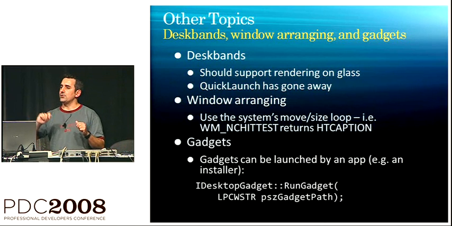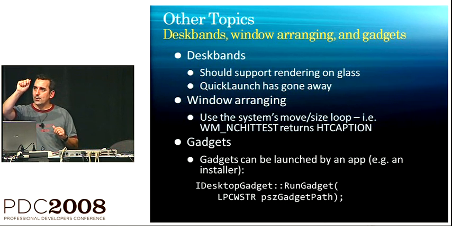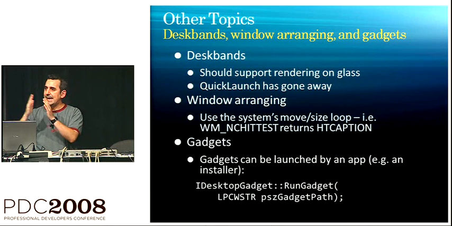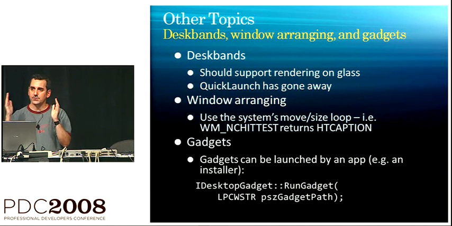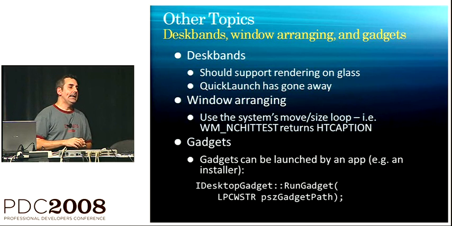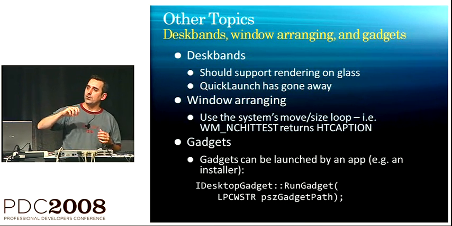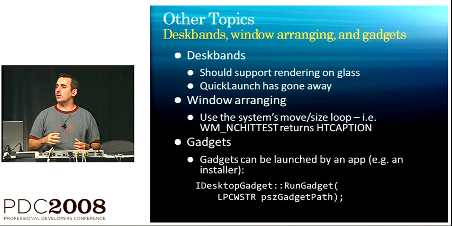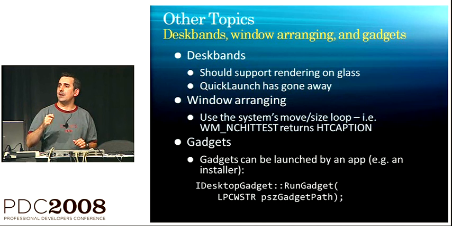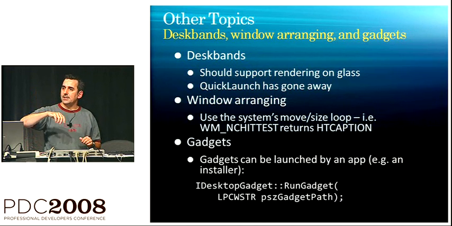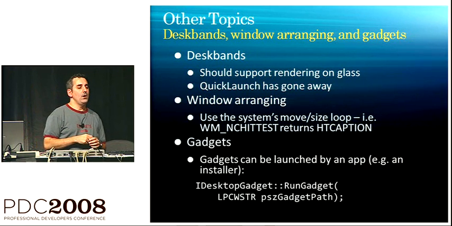For some of the window arranging features, this is the snap feature: when you drag a window to the top and it'll automatically maximize, or drag a window to the edge and it'll half maximize, as we call it. So you can do the side-by-side comparison. If your application has a custom move size loop, so if you're maybe doing some interesting non-client customization, or you really want to have a unique look to your application, well, some applications, when the user drags them, actually track the mouse and manually move their window along with the cursor.